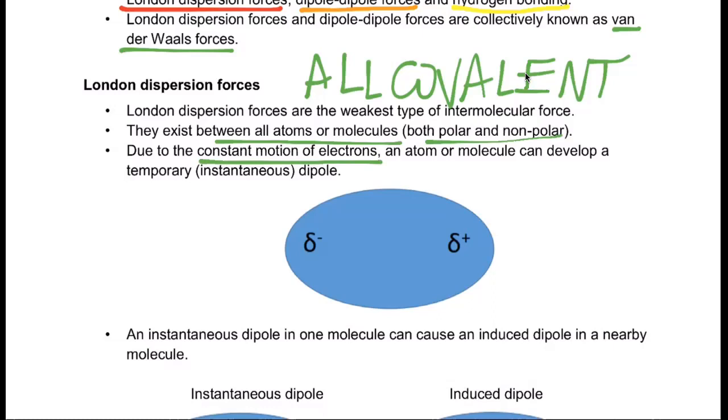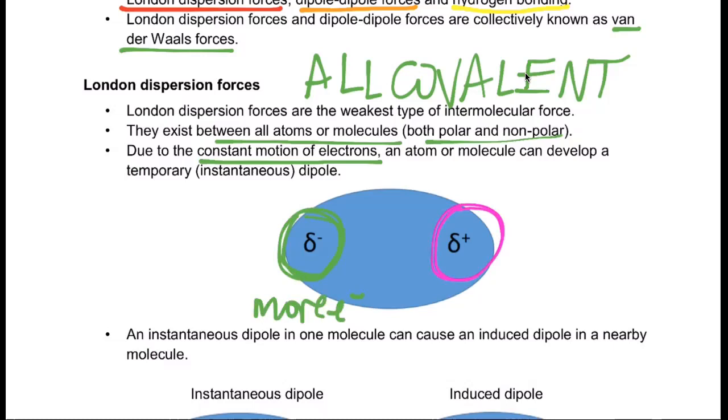They're not always evenly spaced apart. They're moving so fast that sometimes one side of our atom or molecule is going to have a partial negative charge, and the other side is going to have a partial positive charge, because over here there are more electrons concentrated at that instant, that one split second in time.